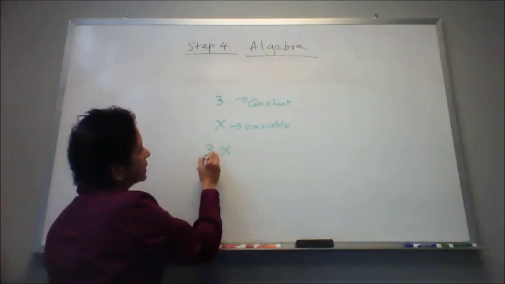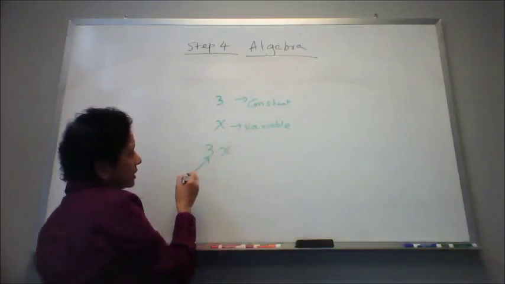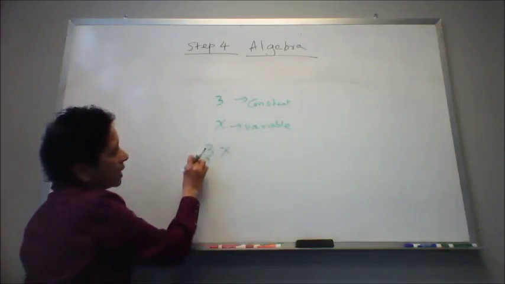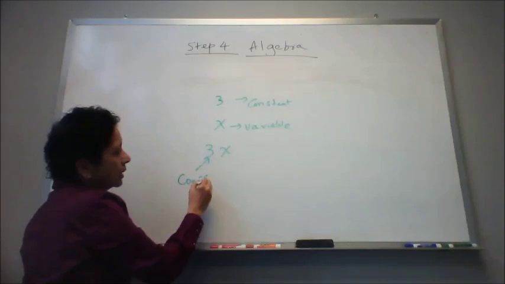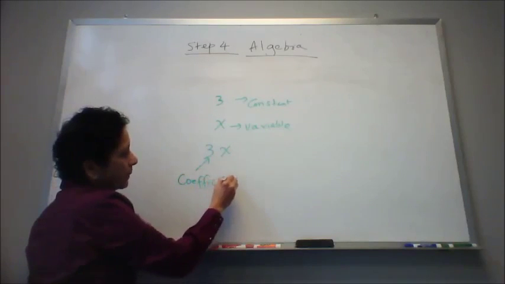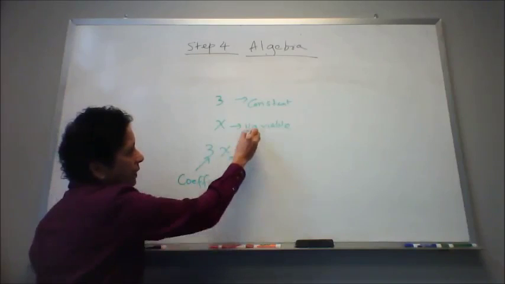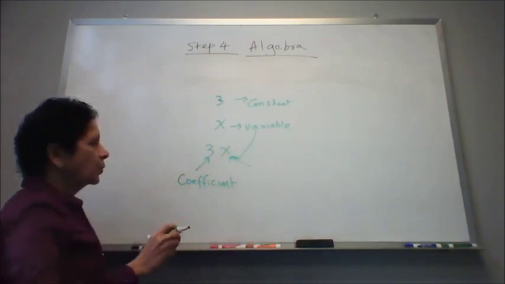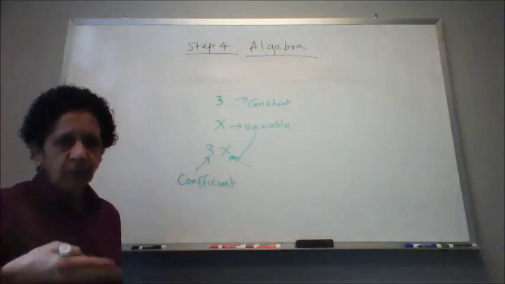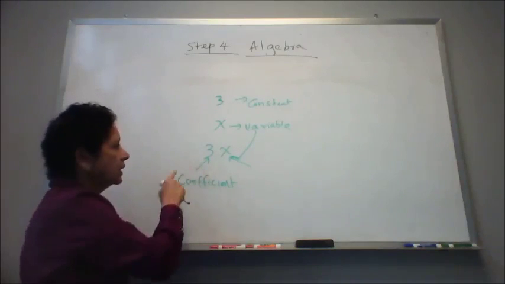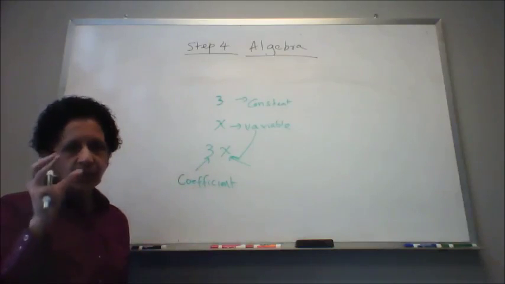And this, we said that is the constant, and when I use the constant along with the variable, it is called the coefficient, okay? And this is still the variable. So 3 times x means 3 times the basket of apples or whatever that x is. Then 3 is called the coefficient. That's a constant.